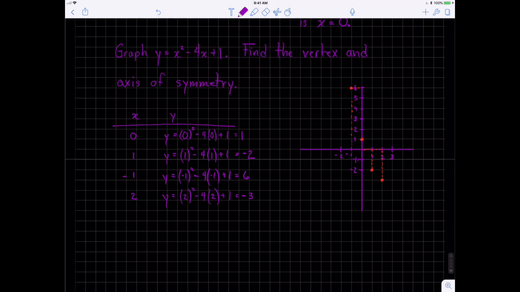So here we go. Let's try 3. Now I have y equals 3 squared minus 4 times 3 plus 1. 3 squared, that's 9. 9 minus 12 is negative 3, plus 1 more is negative 2. And there it is.